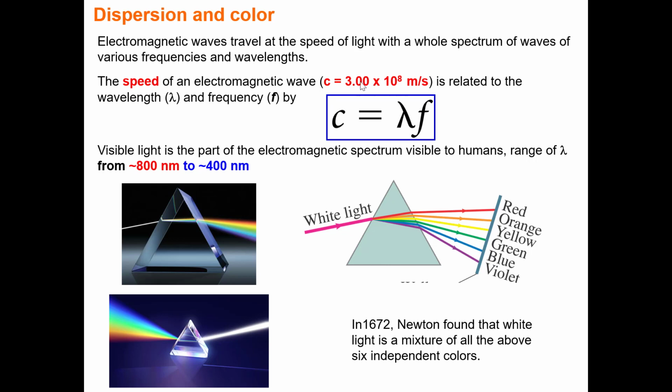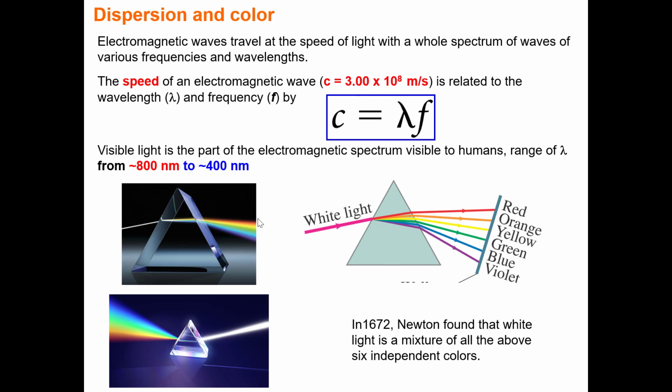In vacuum, the speed of the light is 3 × 10⁸. Because they are waves, they have some speed, and also a wavelength and frequency associated with them. This is why we can use this equation to describe light waves.